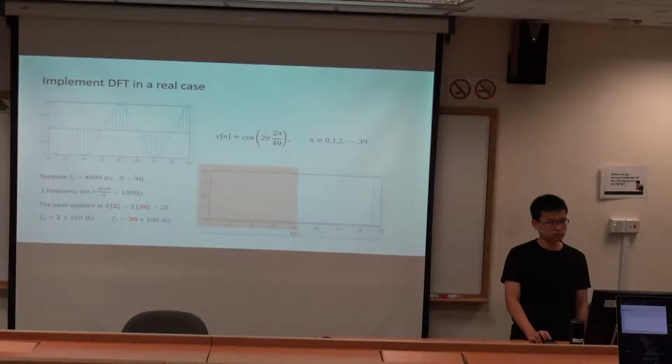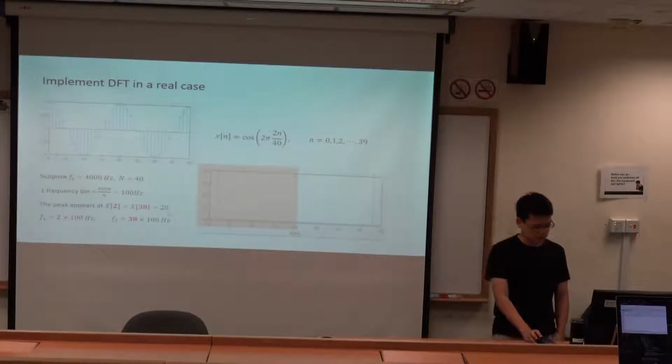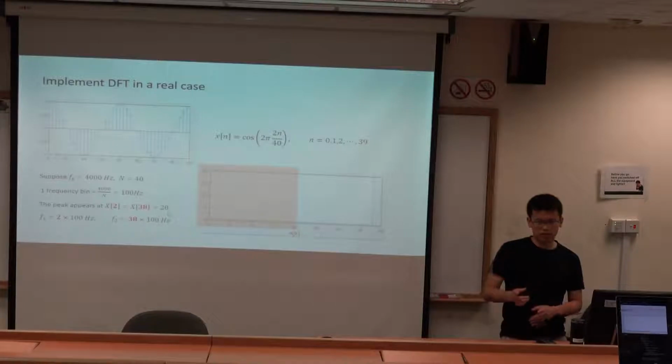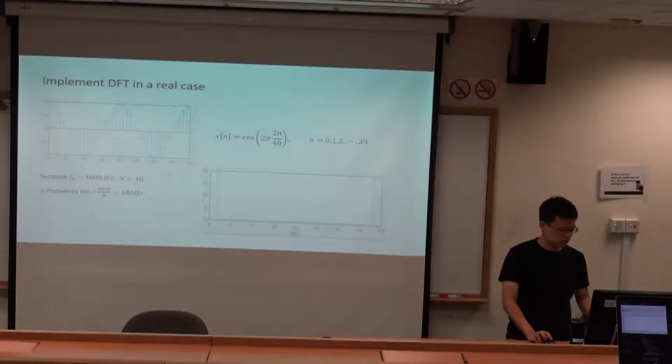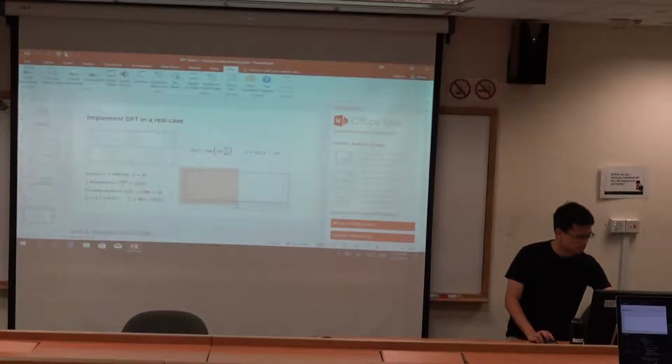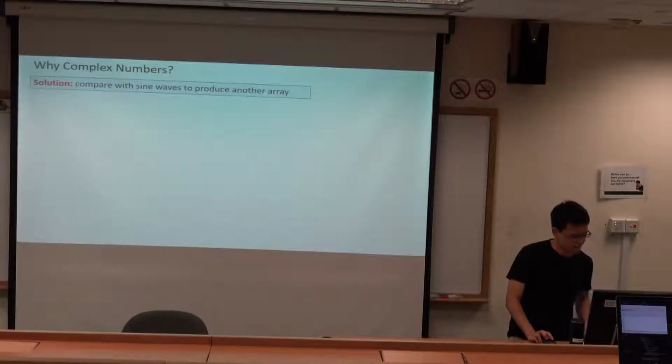Why was it that we lost the information in the second part of the spectrum? Let's look at the cosine basis. Yeah, this one.